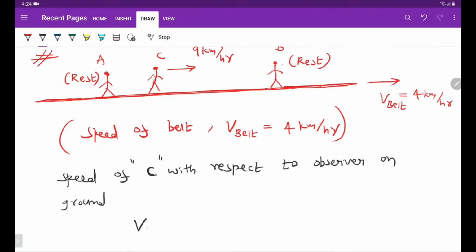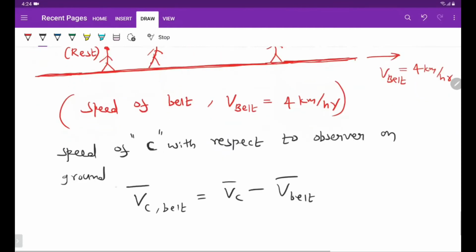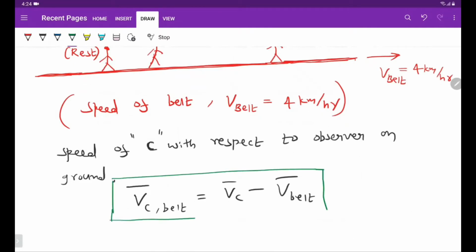So the velocity of C with respect to belt is equal to velocity of C minus velocity of belt. See, we can apply the formula we are using till now. We are always using this formula, velocity of A with respect to B, which is similar to this.